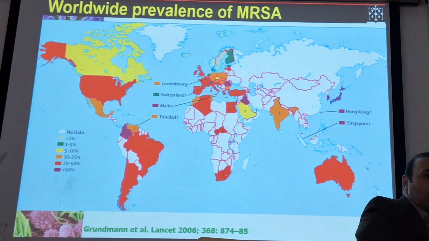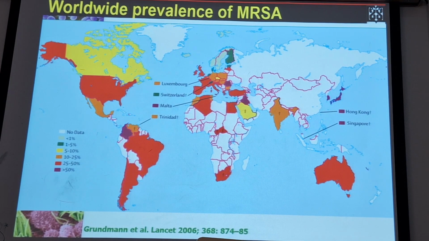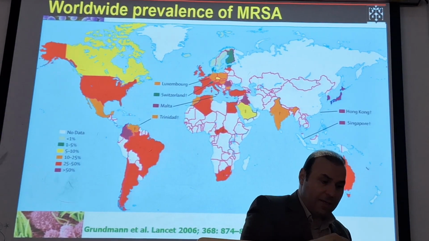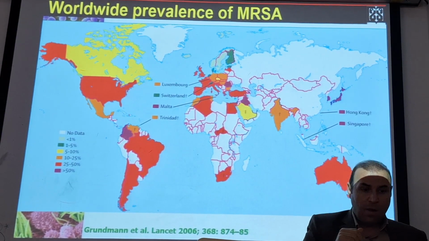In this slide, you can see the worldwide prevalence of MRSA in different parts of the world. The prevalence of MRSA varies. For example, in some countries such as Switzerland, the prevalence of MRSA is very low.